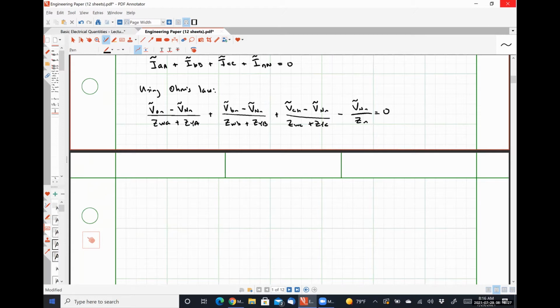So if we had a balanced network where ZYA was equal to ZYB was equal to ZYC, I could replace all of those load impedances with a single impedance. I'm going to call it ZY.